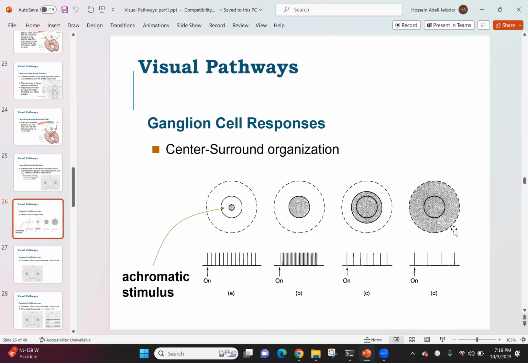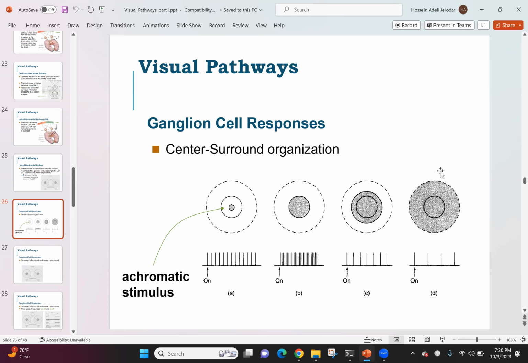And in general, when the entire receptive field is filled in, your activity is lower. But think about it that this cell is excitatory center, inhibitory surround.